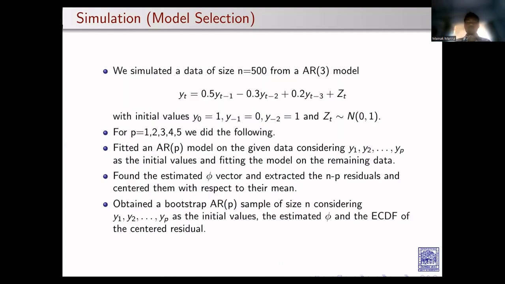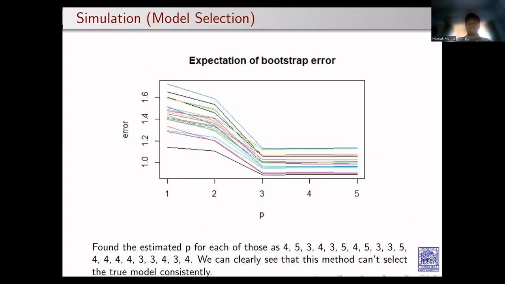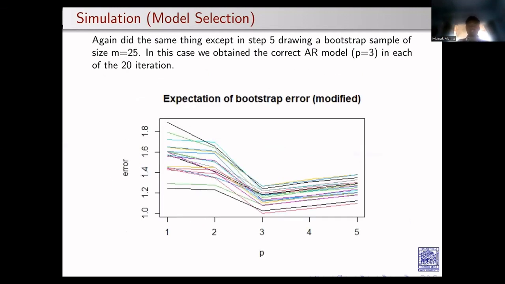So m by n goes to 0. If we draw 25 bootstrap samples from the same data and repeat the experiment 20 times, for each of the 20 iterations, we can see the following graphs.